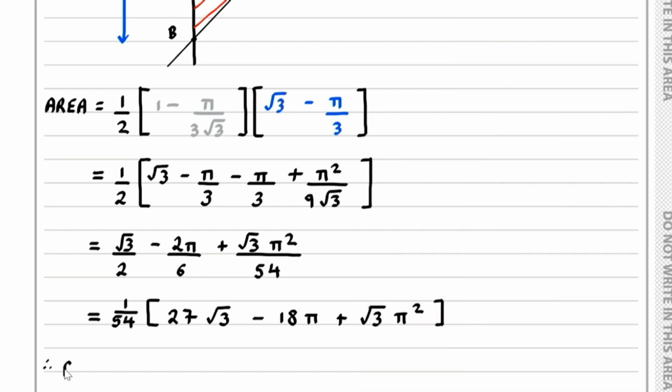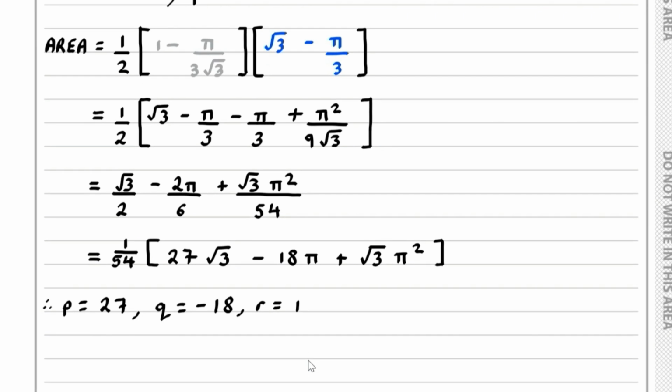So therefore, P is 27, Q is minus 18, and R is equal to 1.